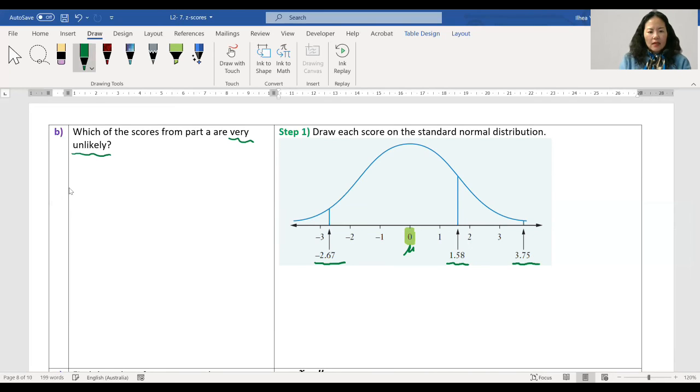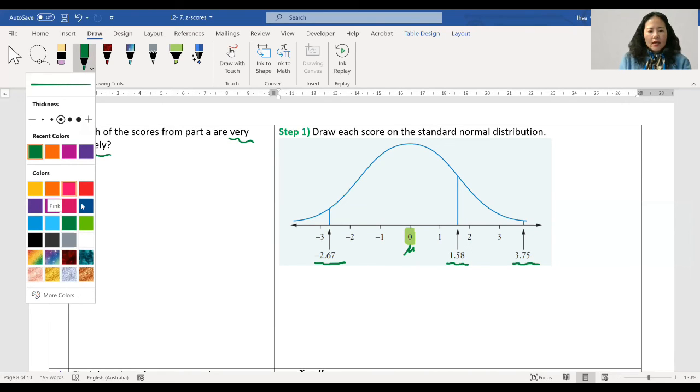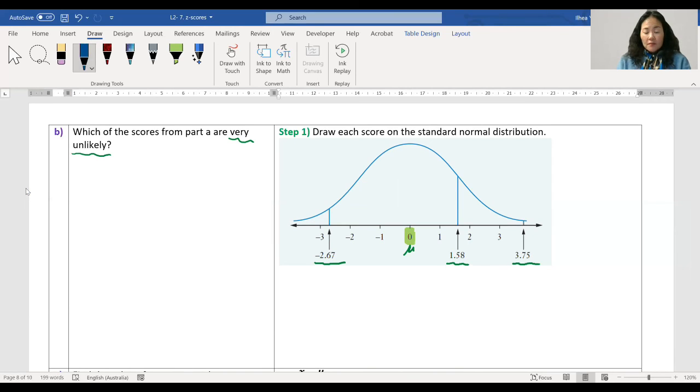So, okay, you might think, I can see 3.75 and minus 2.67, one of them will be our pick. So let's check. Now I'm going to check the minus 2.67 from the mean, and it's a bit more than 2 standard deviations away from the mean, whereas 3.75 is already past the 3 standard deviations.